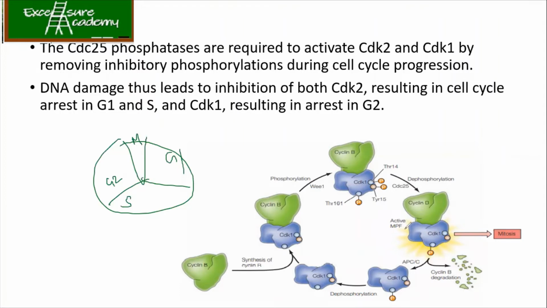If I am saying that active MPF enters the cell into mitosis, it means G2 comes before mitosis. And if I am inactivating CDK1, it means I am arresting the cell at the G2 phase of the cell cycle. Correct? Okay, understood.